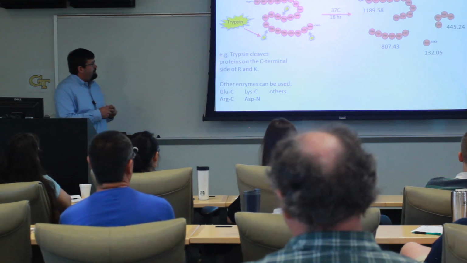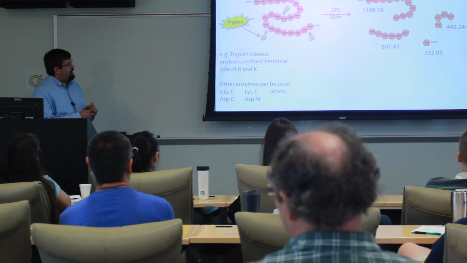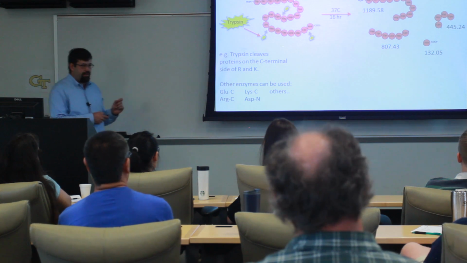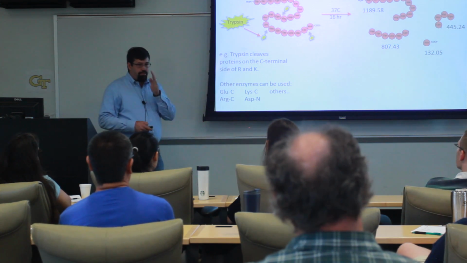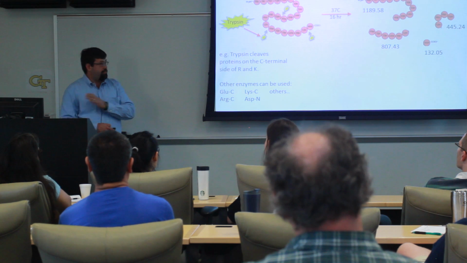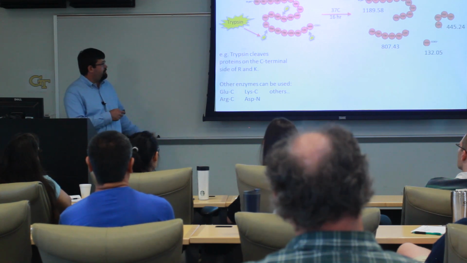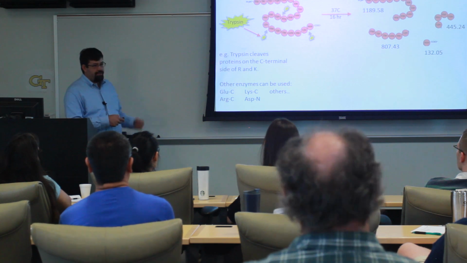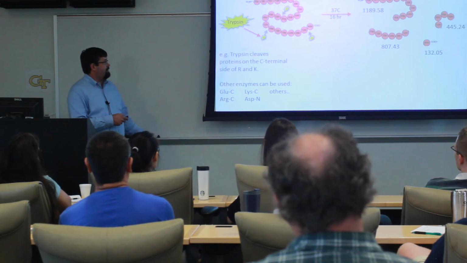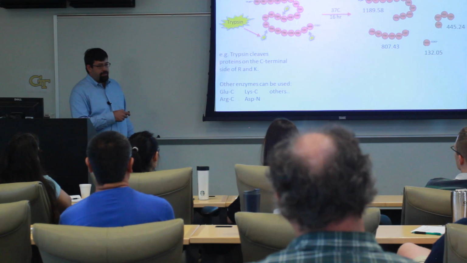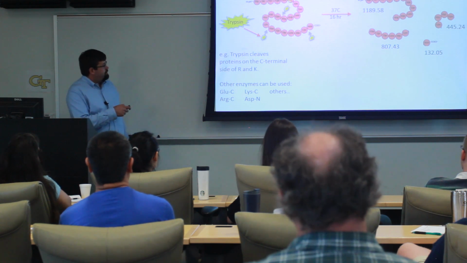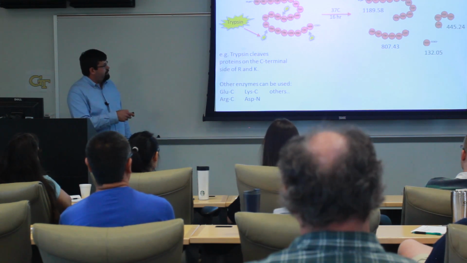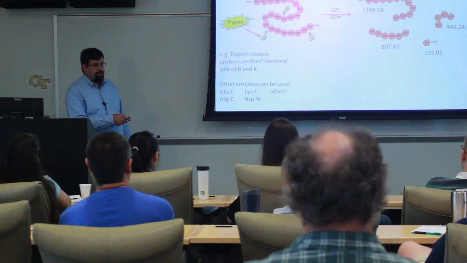So what we do instead is we break down the protein using enzymes that cleave specifically at particular amino acid residues within that polypeptide chain. Trypsin is the most common. Trypsin cleaves C-terminal to arginine and lysine. It's a very efficient enzyme, very specific enzyme. So we can mix a protein with trypsin, which will cleave the protein into corresponding peptides.